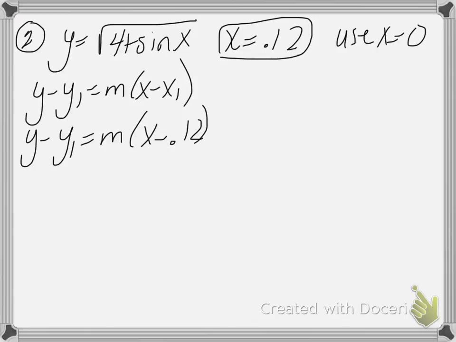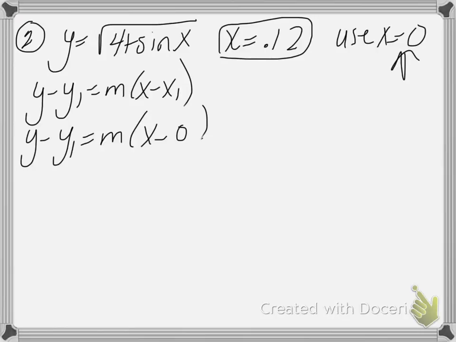Okay, and now we're going to need, oh, I'm sorry, that was a mistake. Let me get that out, sorry. Okay, I'm sorry. We were told to use x equals 0, so x minus 0.